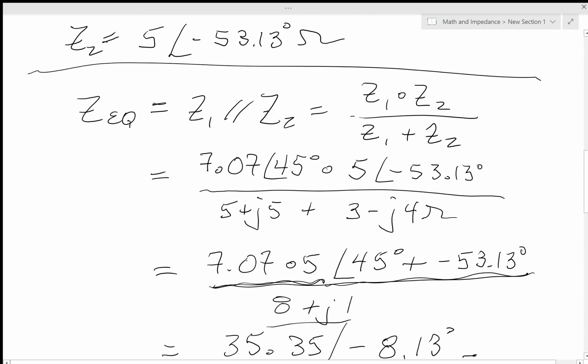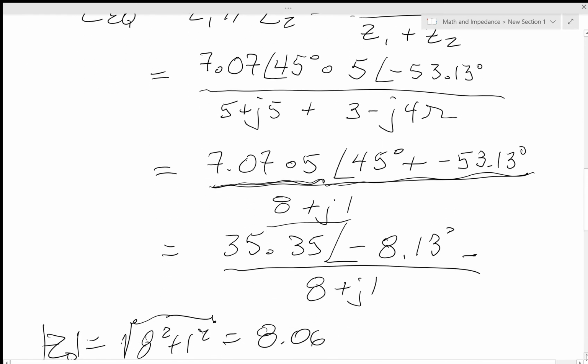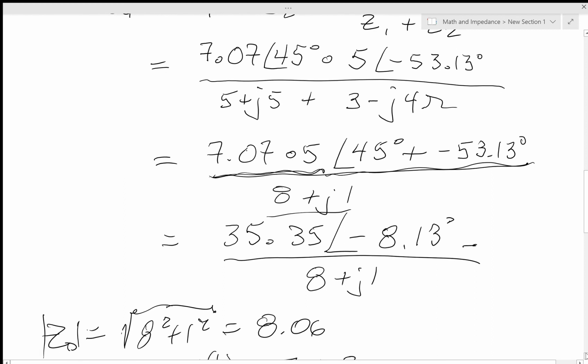Then I keep on going down, do some more math. I multiply 7.07 times 5, and I get 35.35 at an angle of minus 8.13, divided by 8 plus J1. Now this is a division problem, so I'm going to take that 8 plus J1 and turn it into polar format.